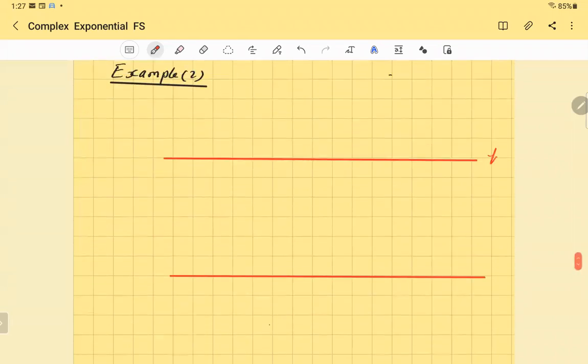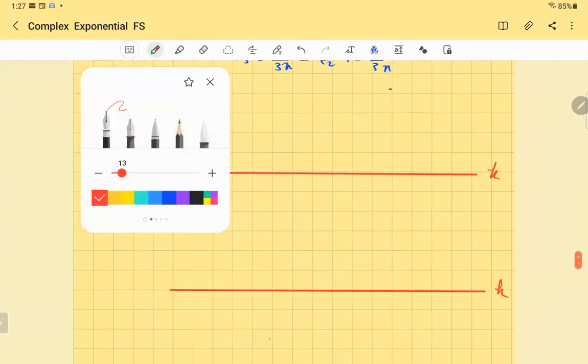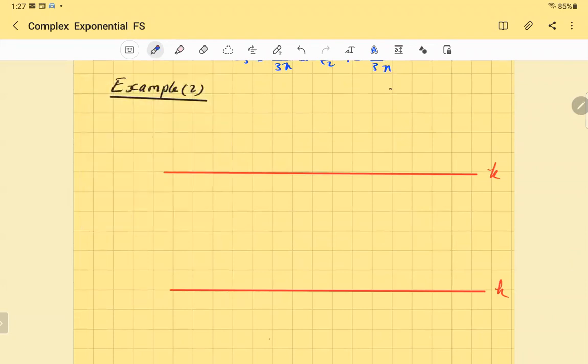that was k, and let me sketch it. At 0, the magnitude was 4, and the phase was 0.